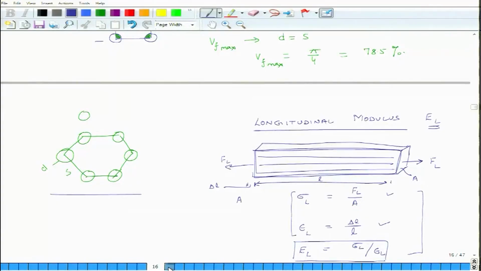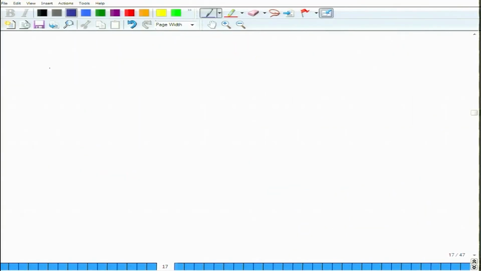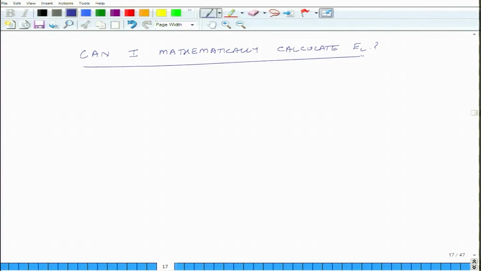So, the question is, can I mathematically calculate EL? Suppose I do not want to do experiments, can I get an idea of what this value of EL would be? So, this is our goal.